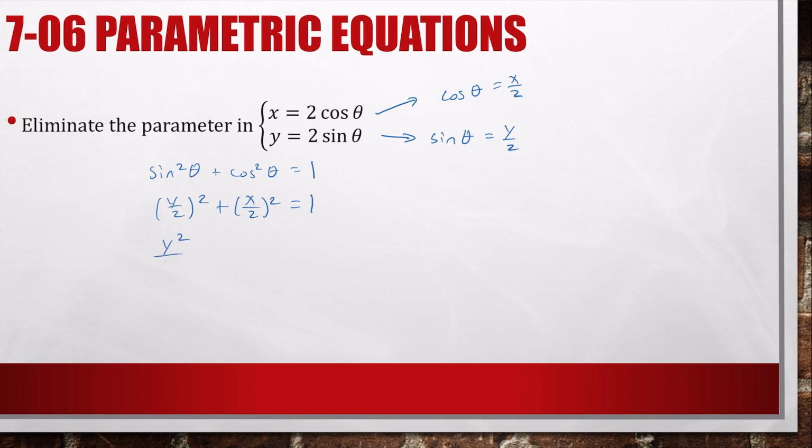So I'll have y squared over 4 plus x squared over 4 equals 1. This looks like an ellipse, but the a and b are the same. It's really a circle. If we multiply both sides by 4 and rearrange, we get that. So it's a circle with a radius of 2.